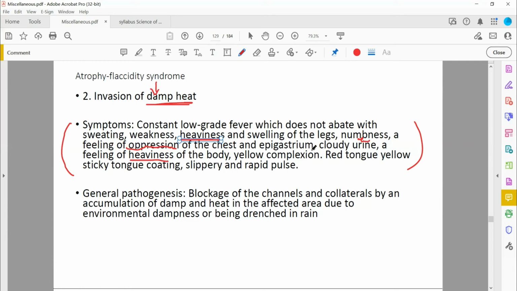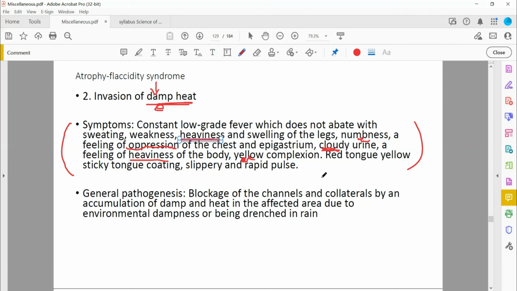And also, dampness, we know, is very sticky, not clear. So if it is cloudy, you need to think about dampness too. Any other? Yellow complexion. If it were heat it would be a red complexion, so yellow is usually dampness too.